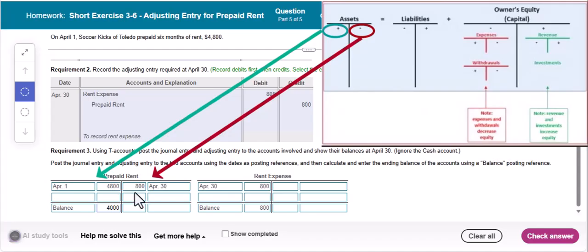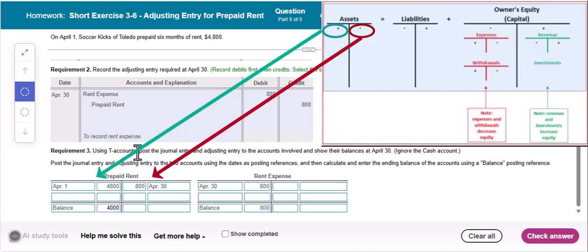Since prepaid rent is an asset, the plus side here is the left side, the debit side. So the reason I'm putting it here at the bottom is because we have this horizontal block line here, which shows that we're doing a mathematical operation. In this case, we are taking 800 from 4,800 in this prepaid rent expense.